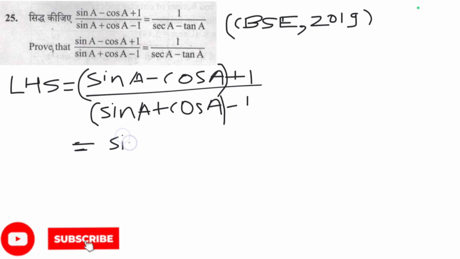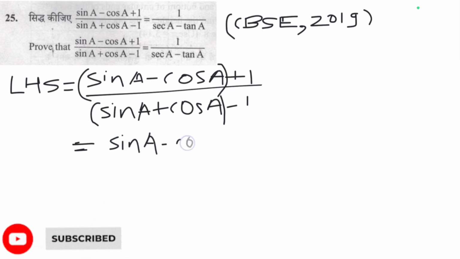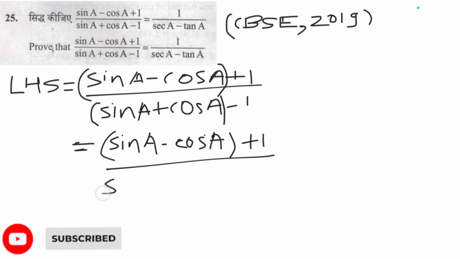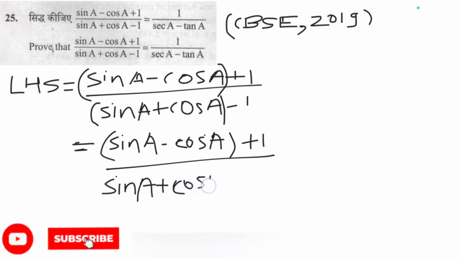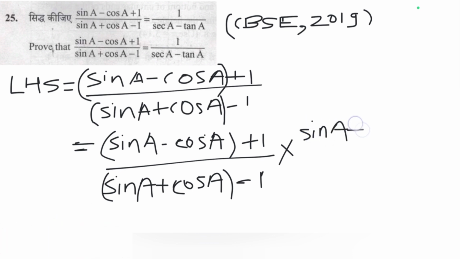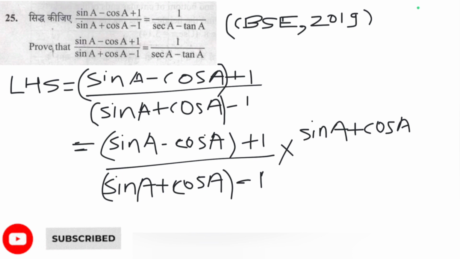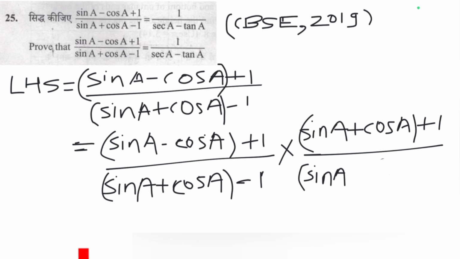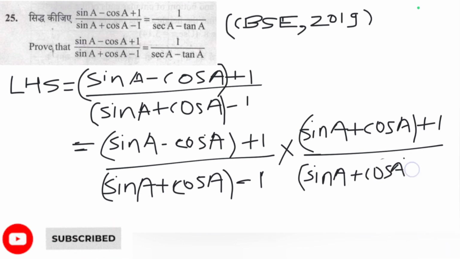So I will write sin A minus cos A plus 1 upon sin A plus cos A minus 1, multiplied by, rationalizing the denominator, sin A plus cos A plus 1 upon sin A plus cos A plus 1.